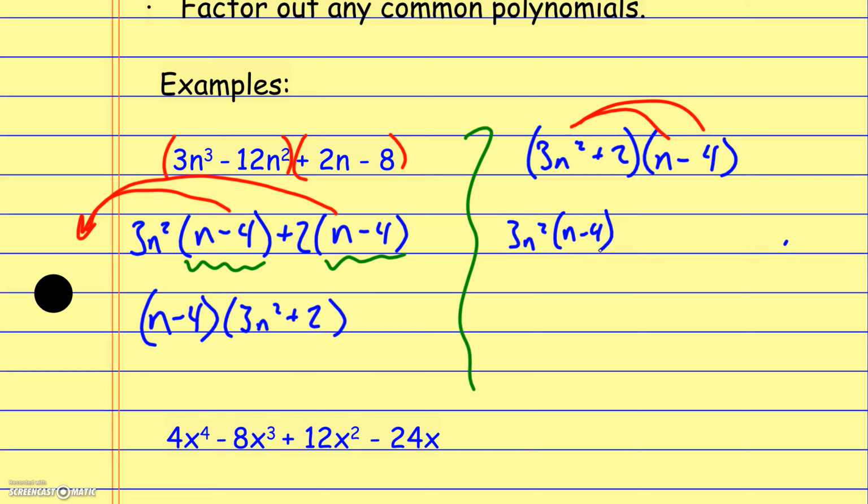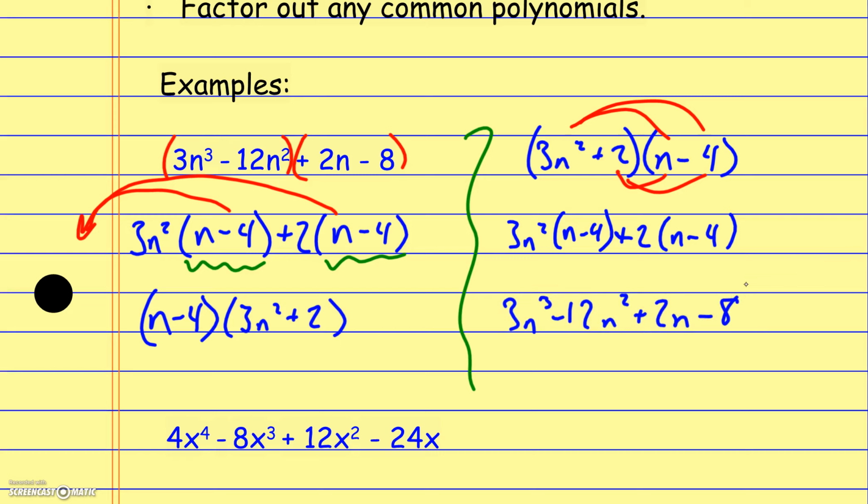And then I would distribute the 2. That would be like me doing the plus 2 distributed to the n minus 4. And then I would actually do the distribution. And it would leave me with a 3n cubed minus 12n squared plus 2n minus 8.